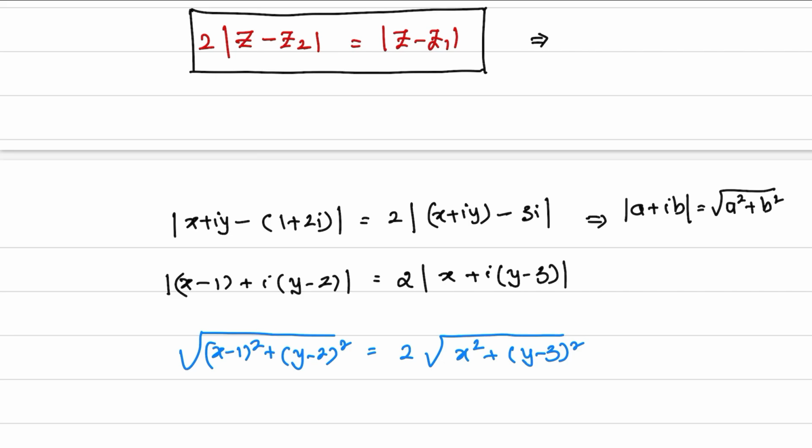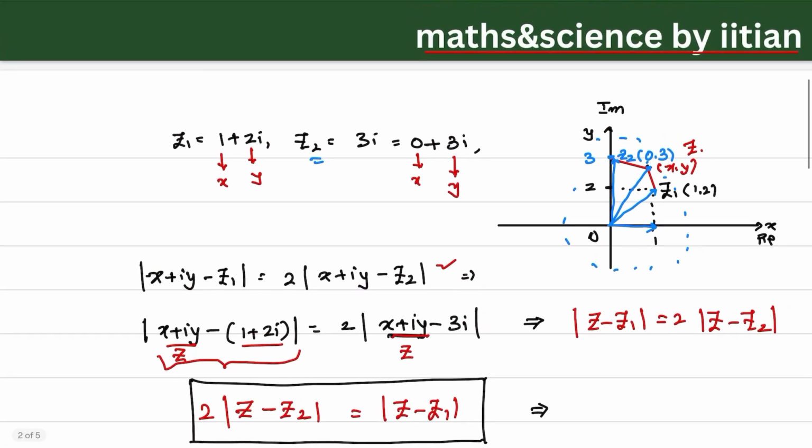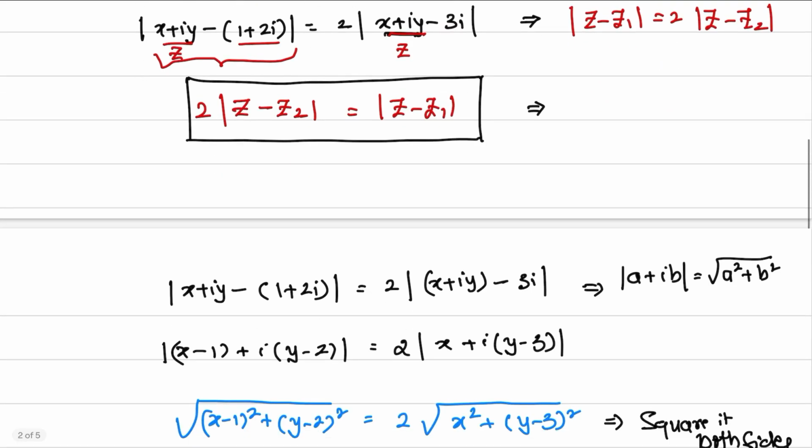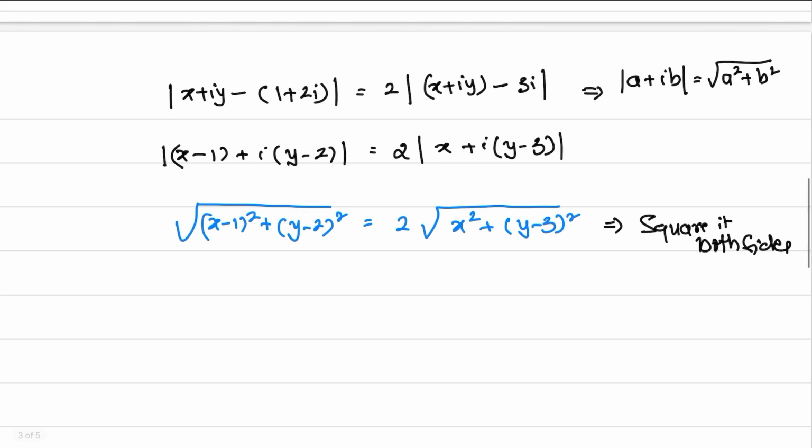Now it becomes an ordinary quadratic equation, which you can easily do within seconds. Nothing is there. Square on both sides. To bring it to this form, you should be able to understand the geometry behind it. Now, square it on both sides.